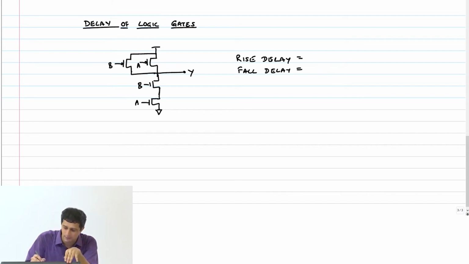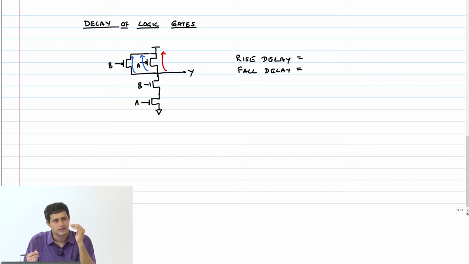If this happens, then it happens through a resistance of R, and therefore that is your worst case delay. On the other hand, if it gets pulled up by both transistors together, then it's an R by 2 resistance, and therefore that's your best case delay.